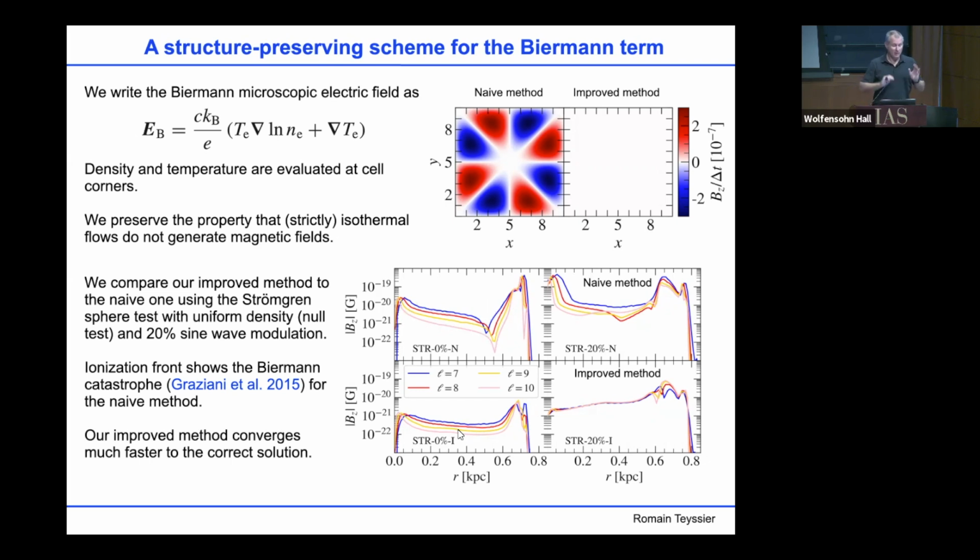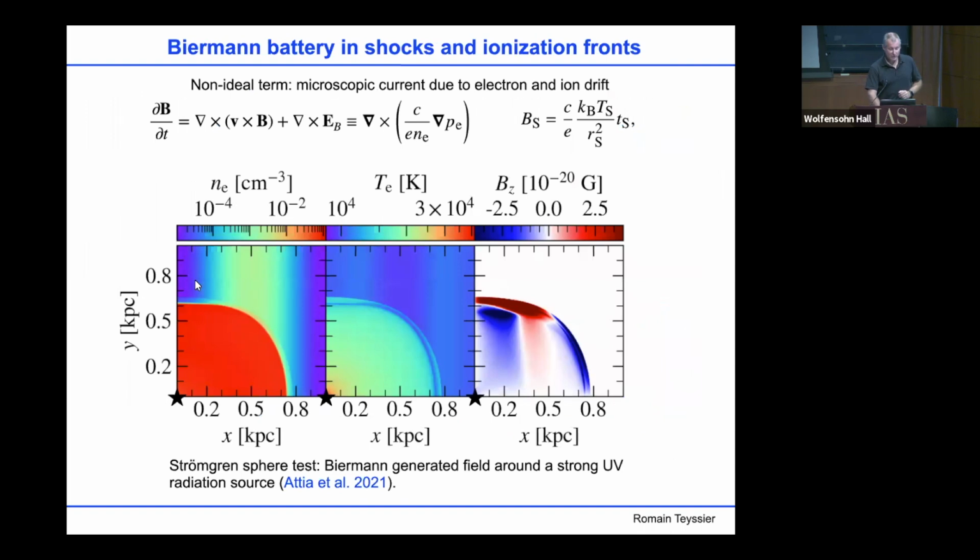Of course, just to come back here, if I can, yes. You see that this is not strictly isothermal, right? The Strömgren sphere is not strictly isothermal, right? So you don't expect zero field due to isothermality, but you expect zero field due to the geometry, which is again poorly captured by a Cartesian grid.